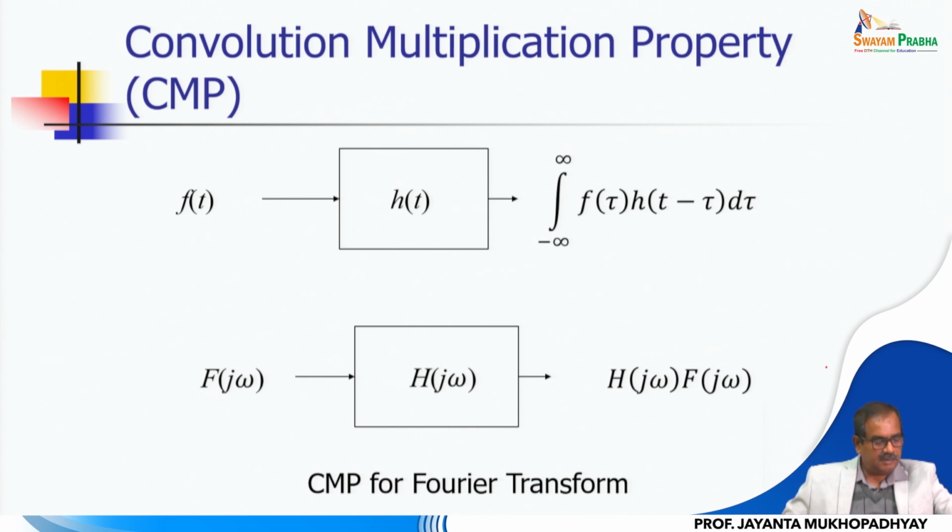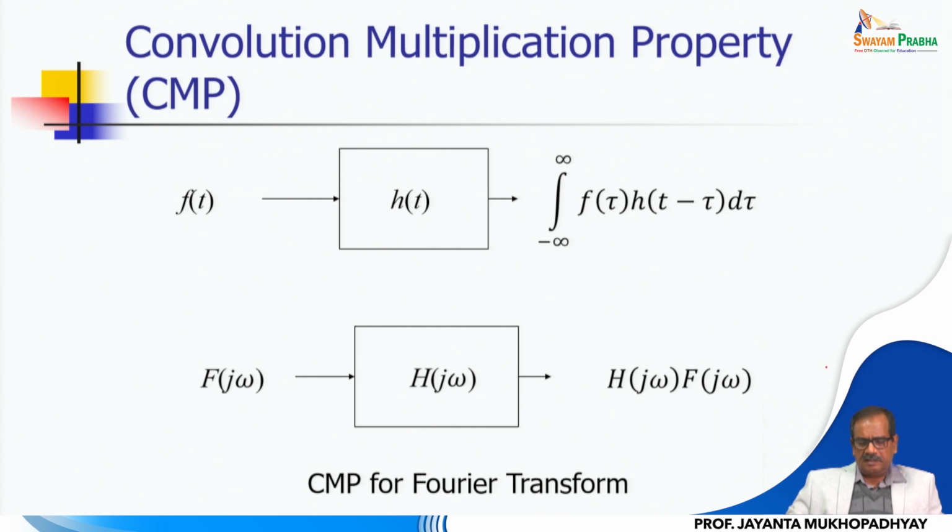Now, one of the properties in the transform space that is very often used for image operations is the convolution multiplication property. I mentioned this property during our discussion on convolutions, while discussing the fundamentals of image operations.